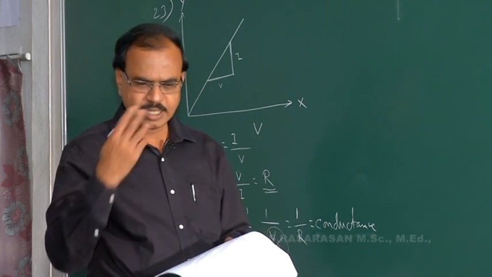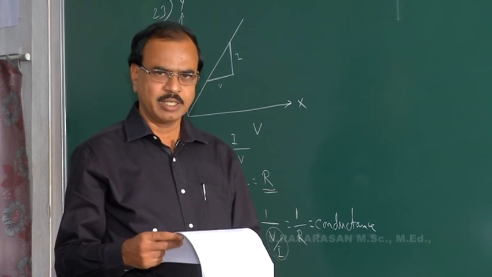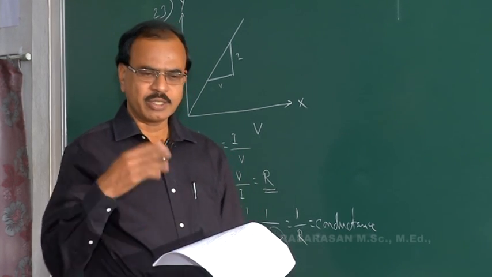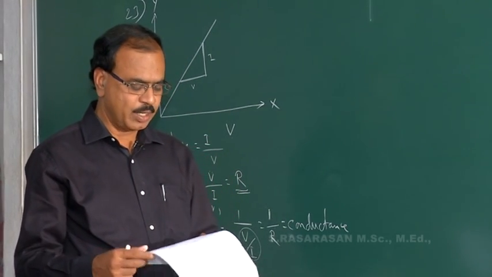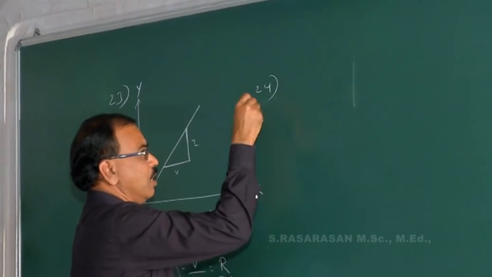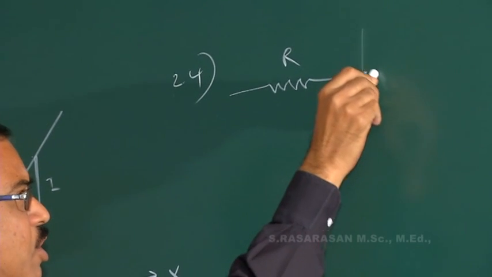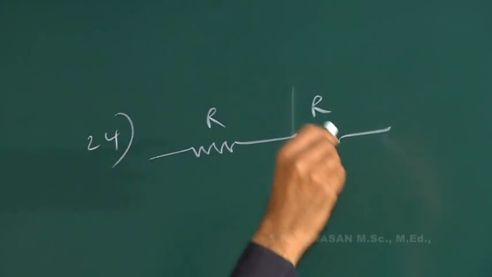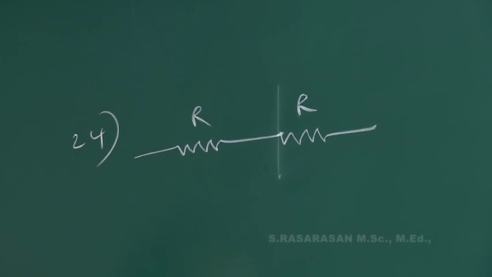Then the ratio of their effective resistance, that is the effective resistance in series combination divided by the effective resistance in parallel combination, is question mark. When n resistors of equal resistance, say this is one resistor of resistance R, another of resistance R, another of resistance R, like this n resistors are connected in series.